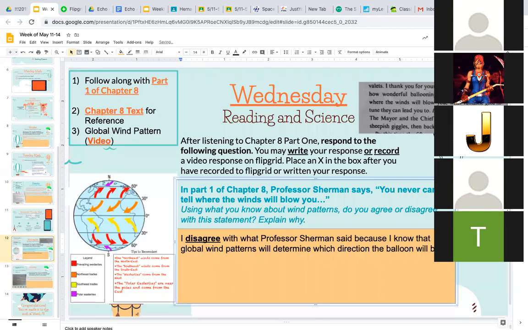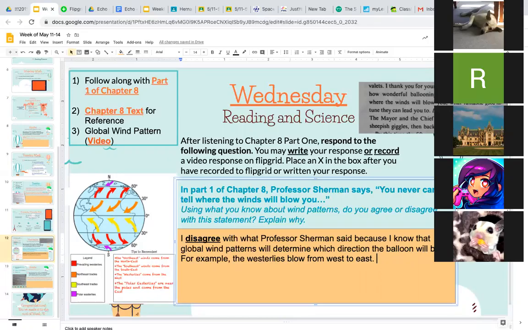And if you wanted to go above and beyond and give a really stellar response, you could say, for example, the westerlies, because that's the wind system that's most important to us, because that controls which direction all of our weather systems flow. For example, the westerlies blow from west to east.